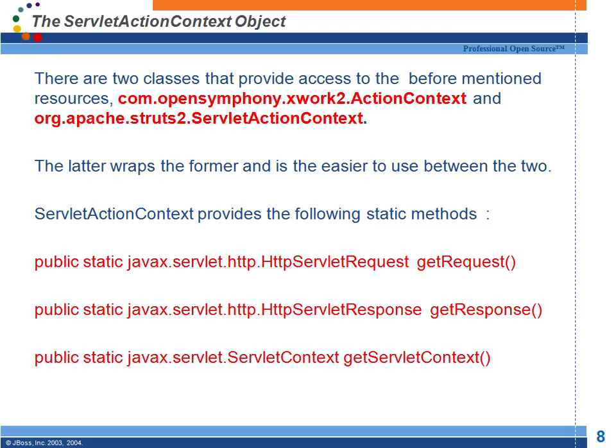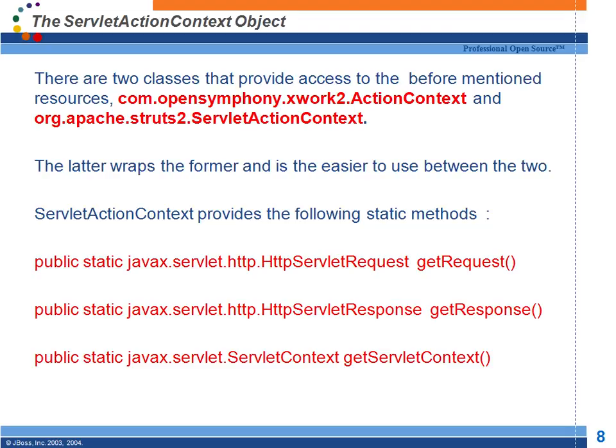There are two classes that provide access to the before-mentioned resources: one is ActionContext and the other is ServletActionContext. The latter, ServletActionContext, wraps the former and is easier to use between the two. So we can use ServletActionContext to get the reference of request, response, session, and servlet context. See, ServletActionContext provides these methods like getRequest, getResponse.